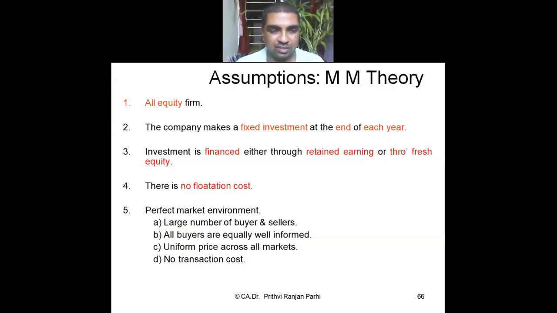Everybody knows the thing. Price is uniform across all markets. And there is no transaction cost, that means to buy or sell something we don't have to incur any transaction cost. Understood? So these are the assumptions the founders of the theory have taken, so that their concept can be proved.